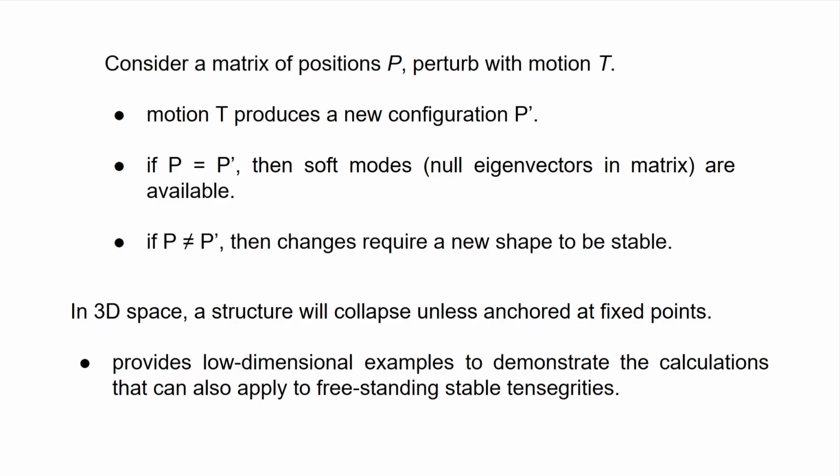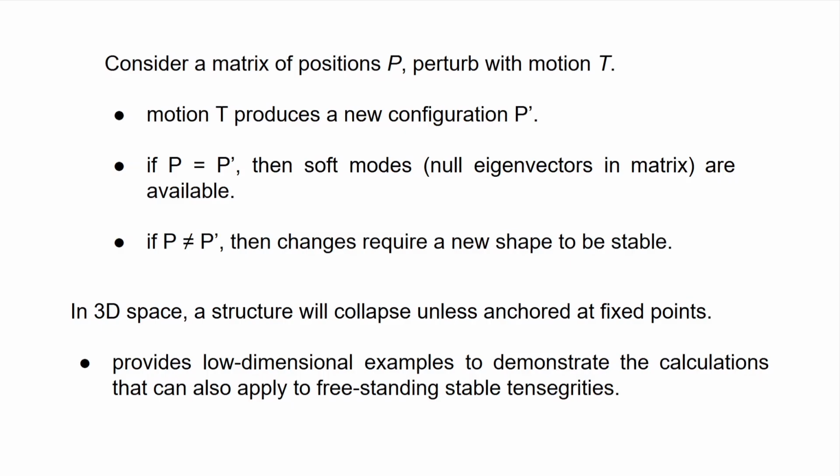Okay, so this is a little bit more about the math here. When we talk about dynamic structures, we consider a matrix of positions P. That's matrix IJ. Any kind of IJ relationship is a matrix. We have a matrix of positions, and those positions characterize a static shape or a static tensegrity structure or a candidate tensegrity structure.